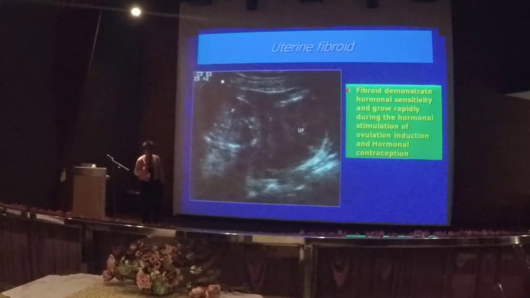Theoretically, with a COCP hormonal contraception, you expect about 15-20% of fibroids to be stimulated. So that's why it's not an absolute contraindication to give patients hormonal contraception if they have a concomitant uterine fibroid.